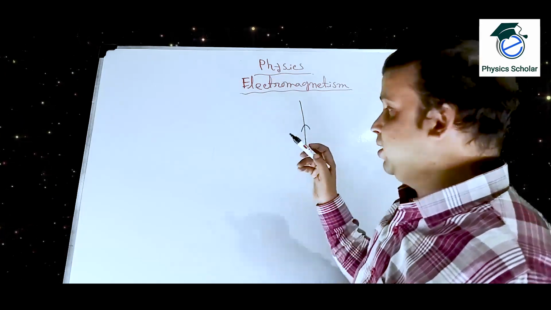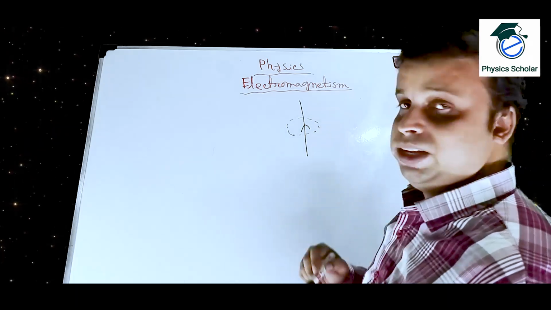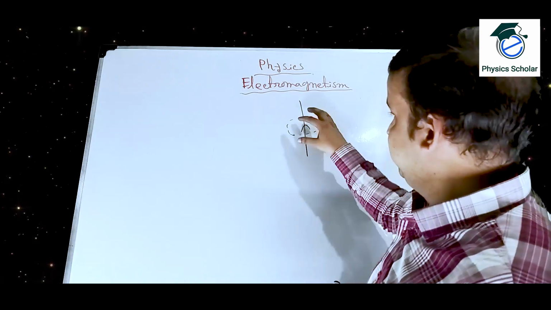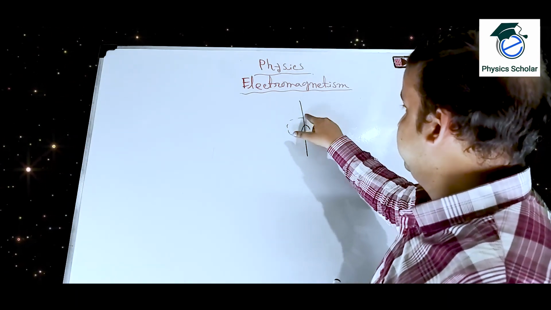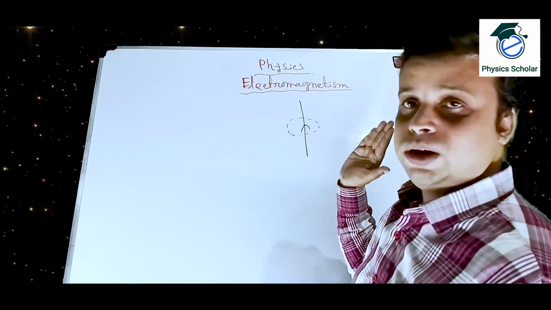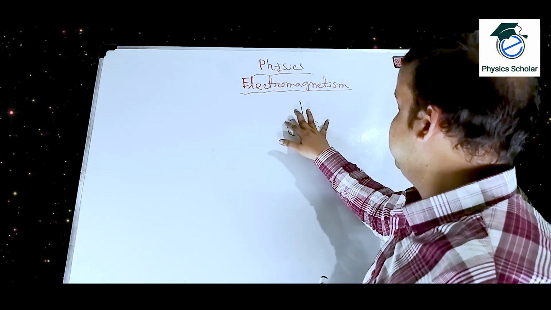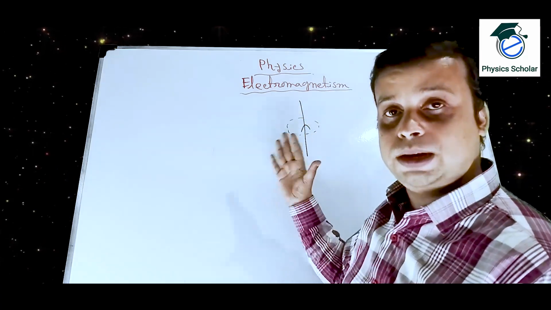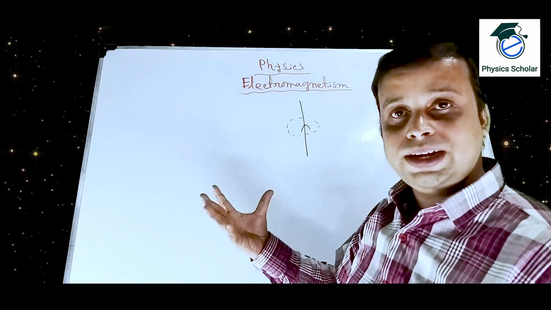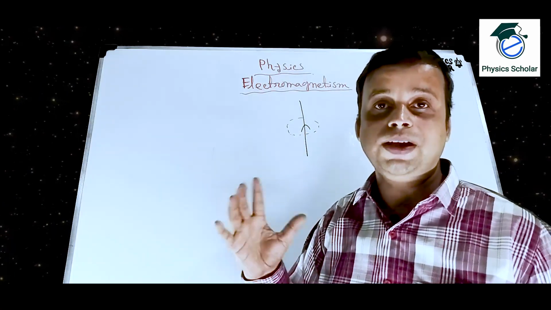Just like the magnet, the electric line of force, the electric flux, will be there around it. Due to this electric flux, the electric field will develop around a current carrying conductor. So this is the electric flux, just like the magnetic flux. The properties of the magnetic flux as well as the electric flux will be the same.